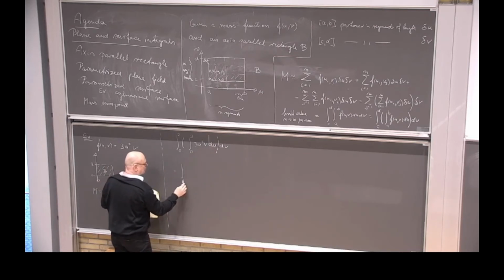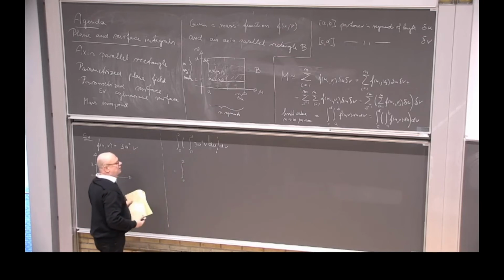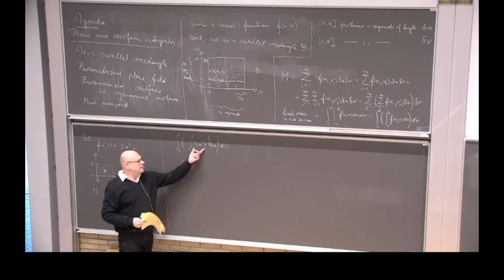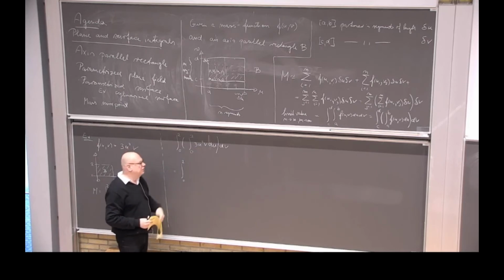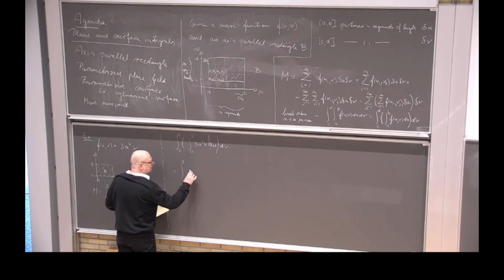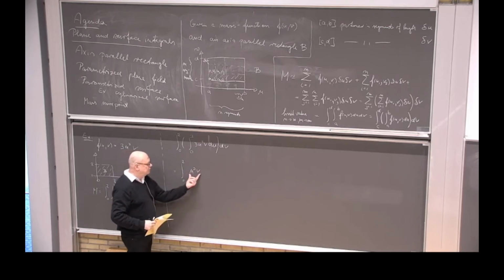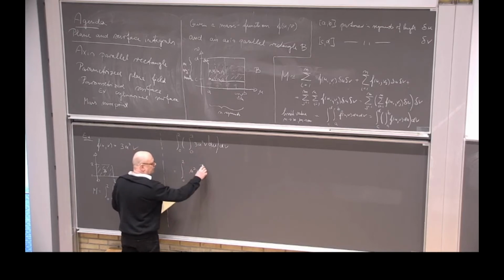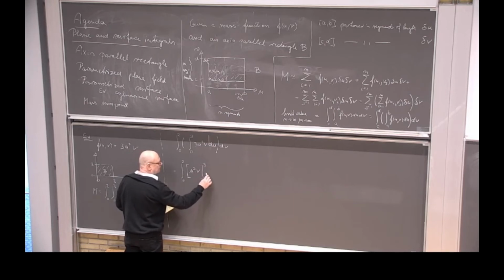So I have to find an indefinite integral of this. We've done that a couple of times, so I just write that this is u cubed times v. If you differentiate this one, you get 3u squared times v, and this is this one.